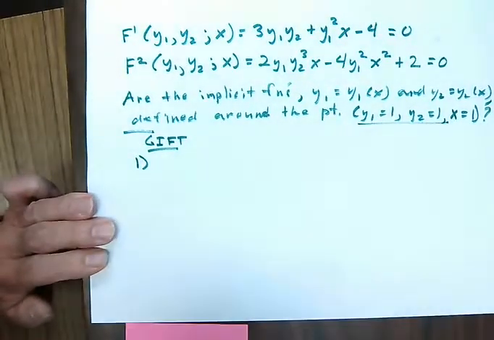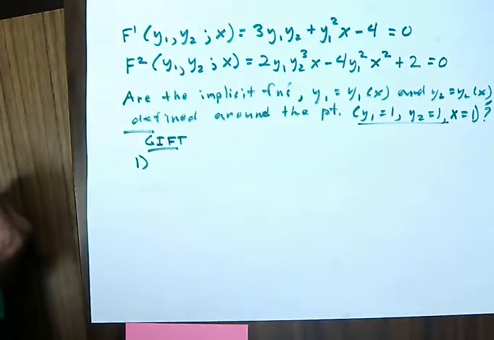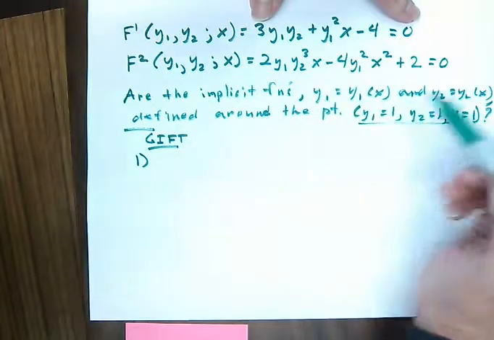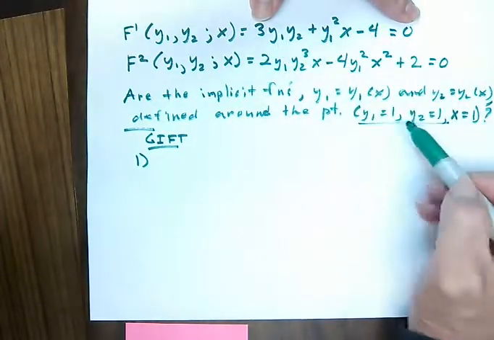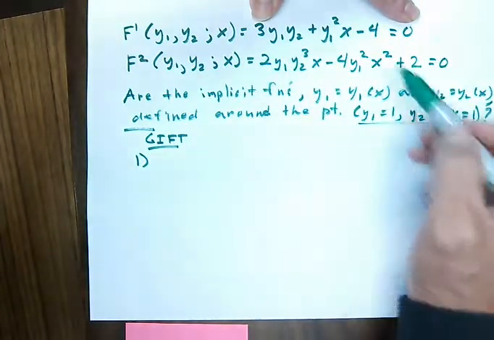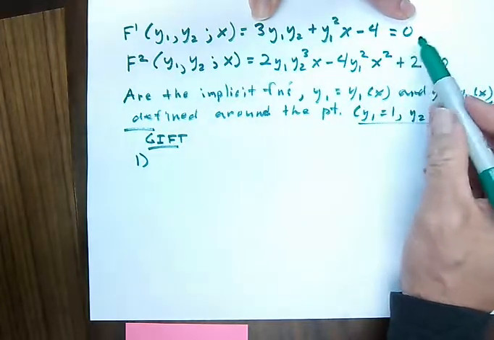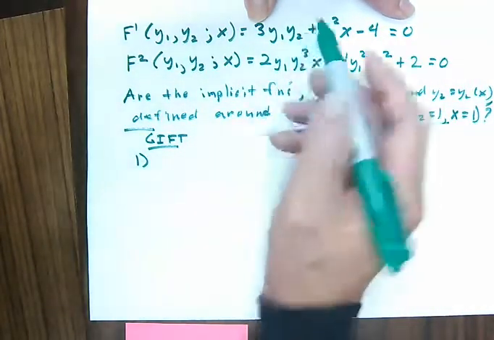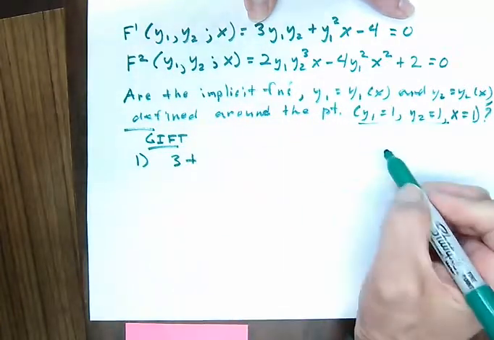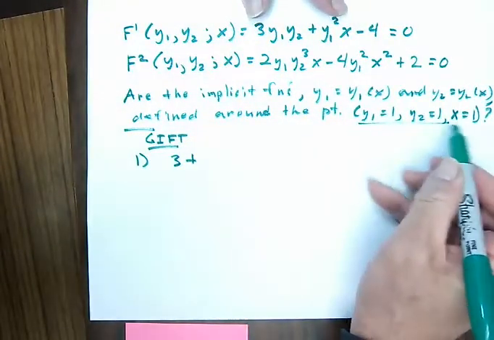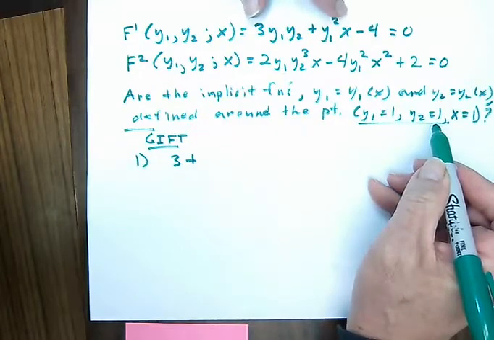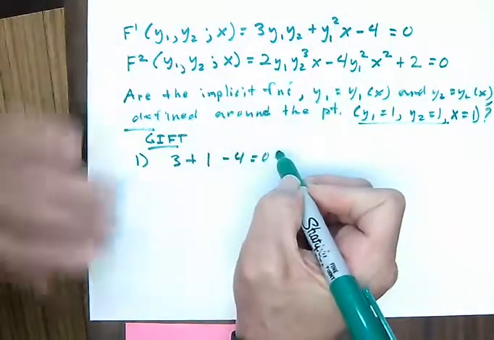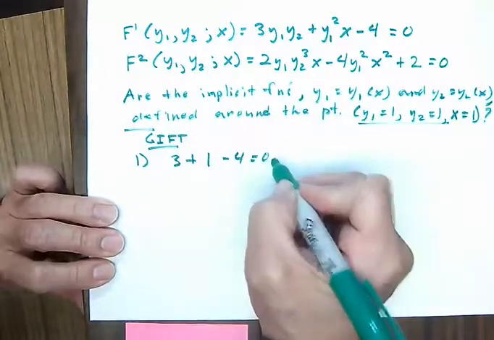At our given point, are all of the capital F equations satisfied? We go to our first capital F equation and substitute in y1 equal 1, y2 equal 1, and x equal 1. 3 times 1 times 1 is just 3, plus 1 squared times 1, which is just 1, minus 4 equals 0. Is that true? Yes, 3 plus 1 is 4, minus 4 equals 0.